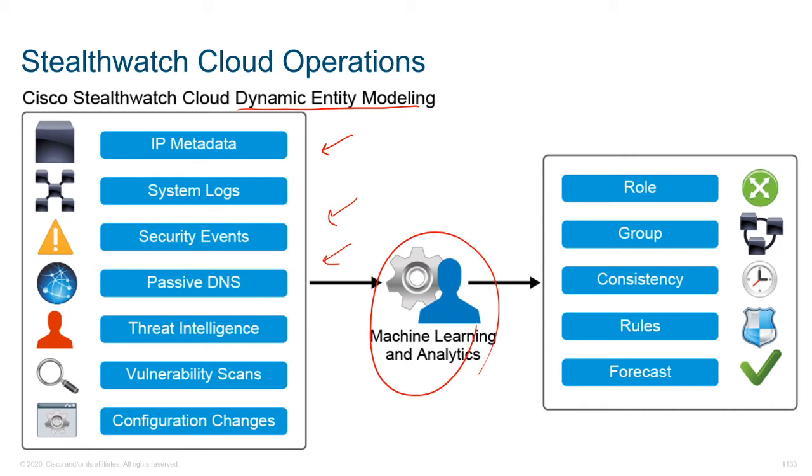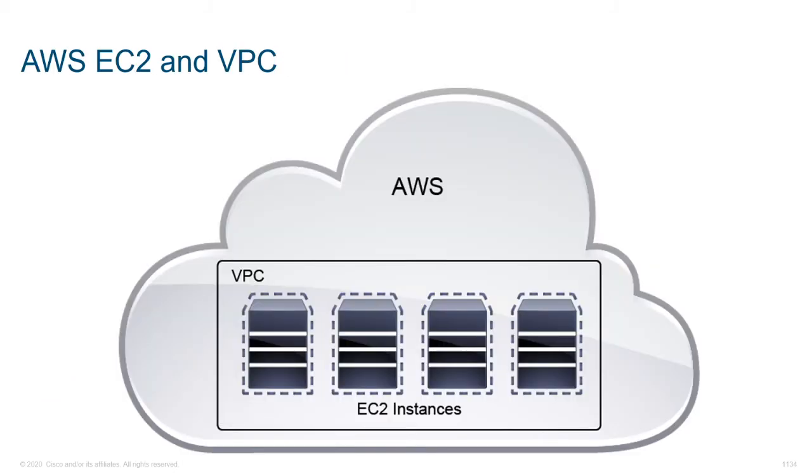We're constantly monitoring, seeing what's normal and healthy in our environment, and then comparing it to what's normal for our group, what's normal for our rules, or what's forecasted. Based on that, we can start sending messages or alerts based on what's actually happening.